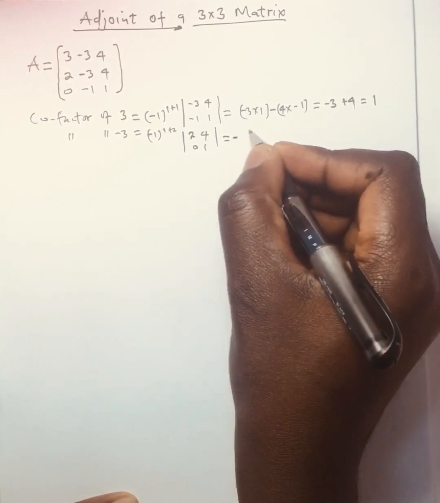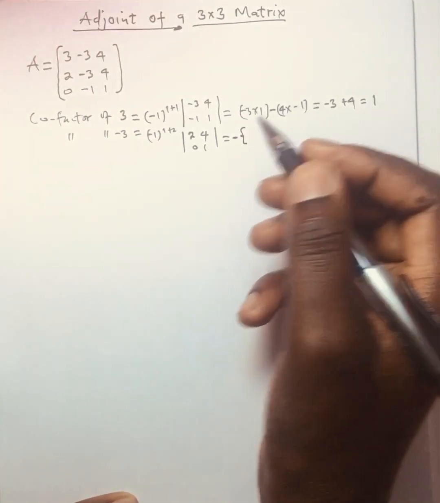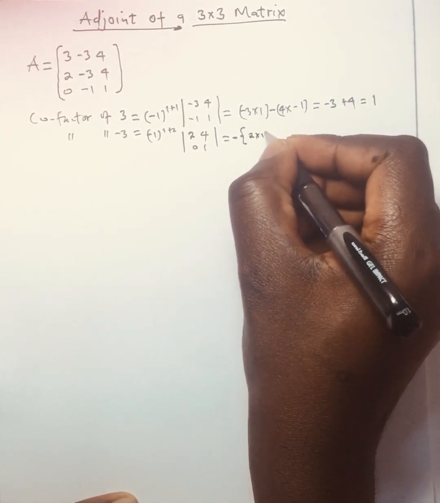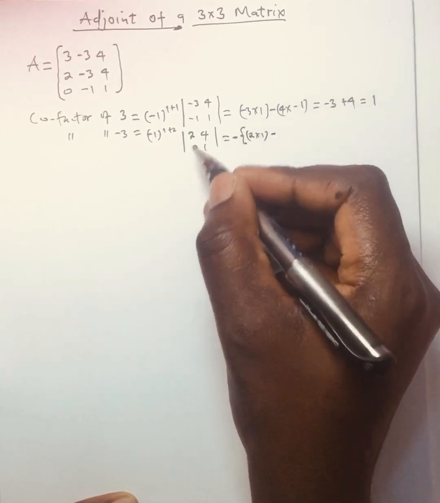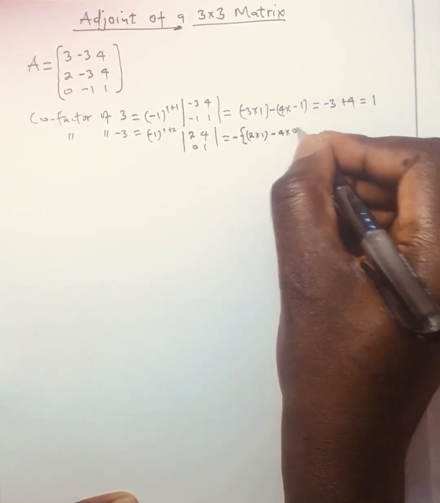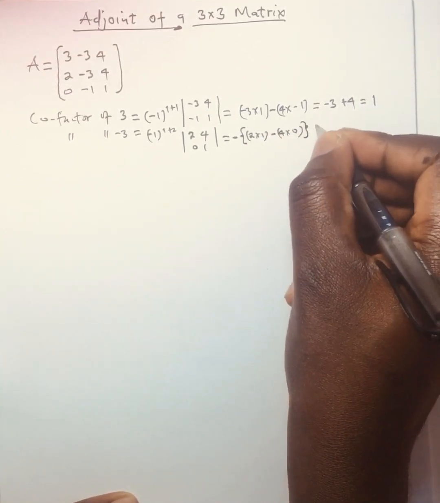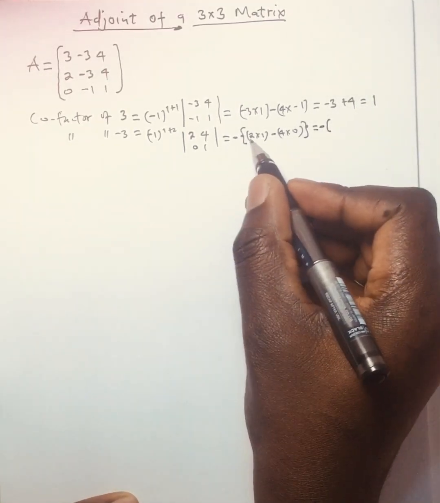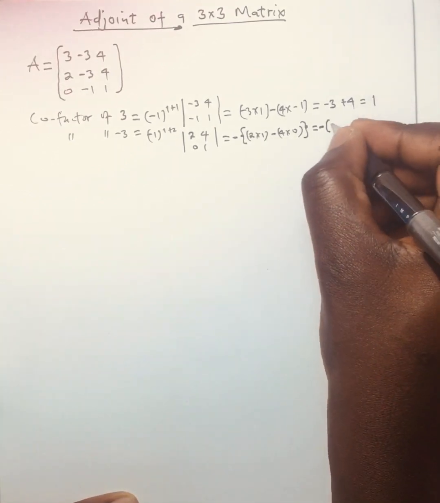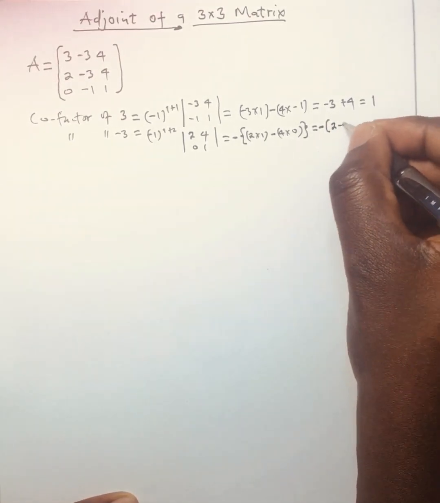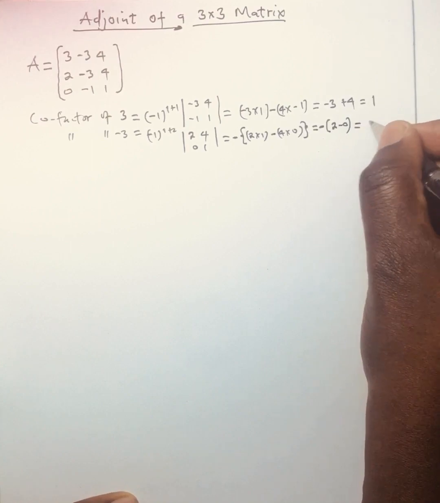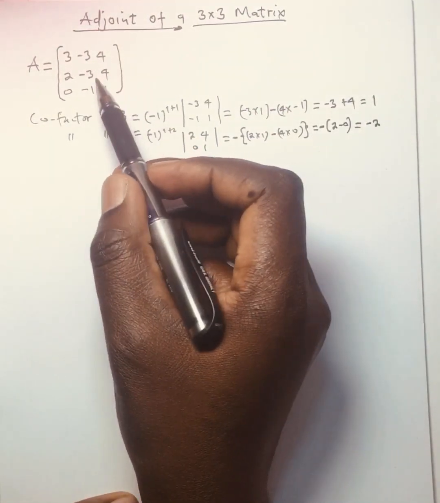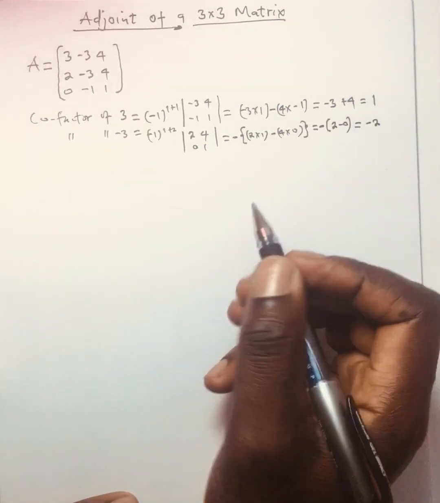So we have the negative of 2 times 1 minus 4 times 0, which is the negative of 2 minus 0, so that is negative 2. So the cofactor of negative 3 is negative 2.